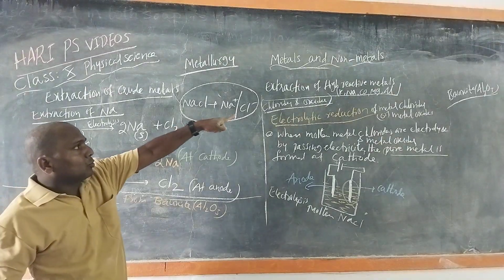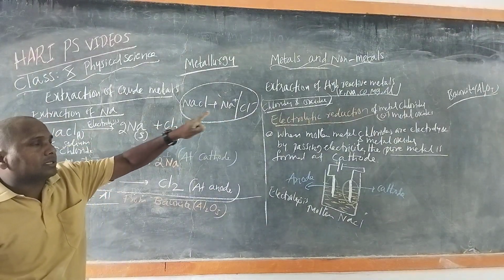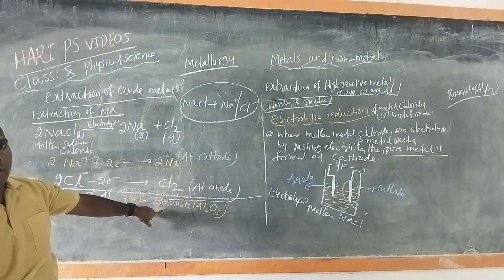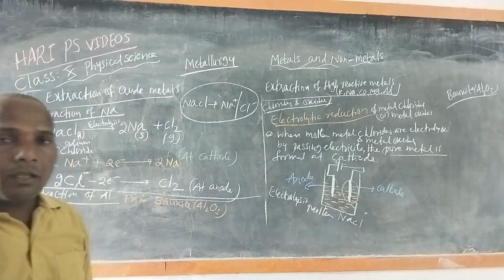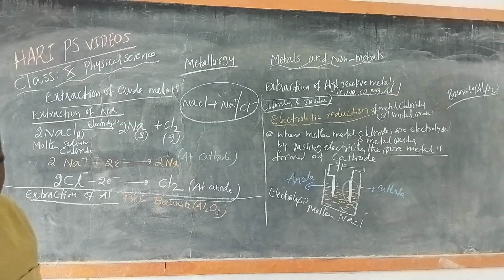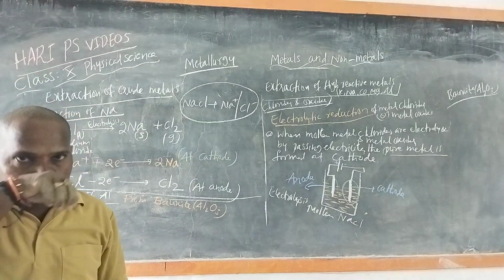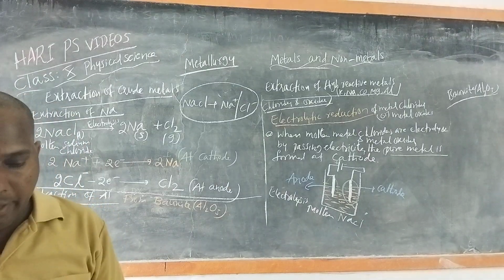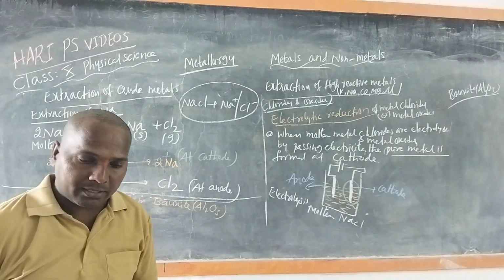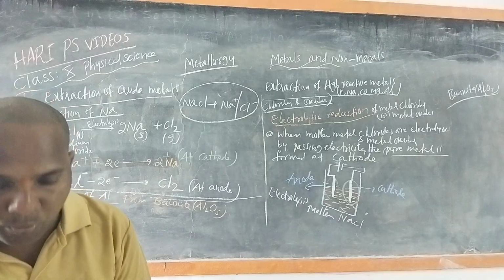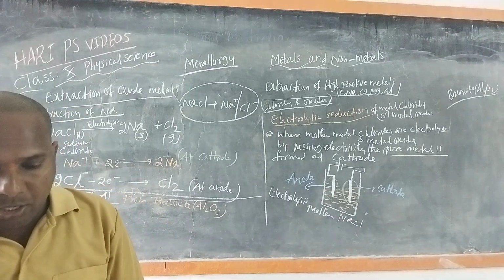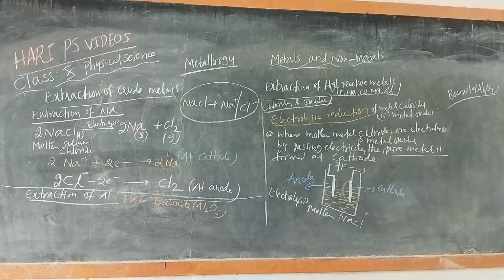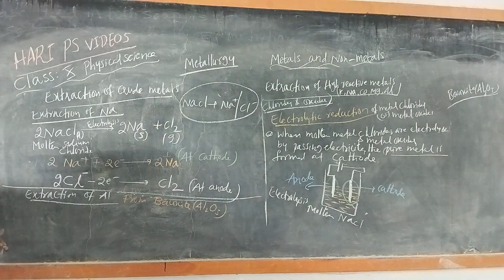So sodium, potassium, calcium and magnesium are extracted from their chlorides, whereas aluminium is extracted from its oxide. Molten aluminium oxide contains free aluminium ions and free oxide ions. During the electrolysis of molten aluminium oxide, the positively charged aluminium ions are attracted to the cathode as usual.